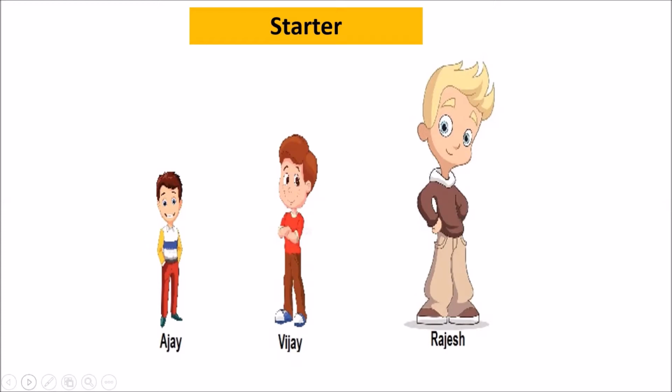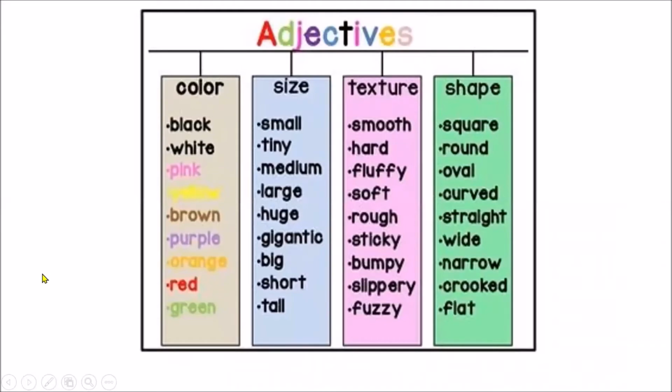Now, once we are reading and learning degrees of comparison, we need to know firstly what are adjectives. You can see that there are a few adjectives mentioned here as per their color, size, texture, shape. For colors, if I say black, white, pink, yellow, brown, all these are colors, these are adjectives. If I say size, small, tiny, medium, large, all these words mention size.